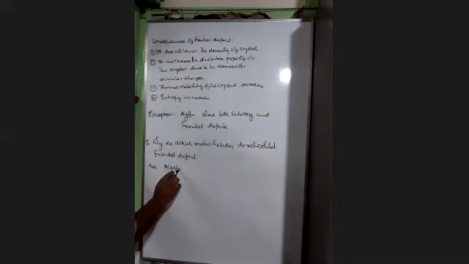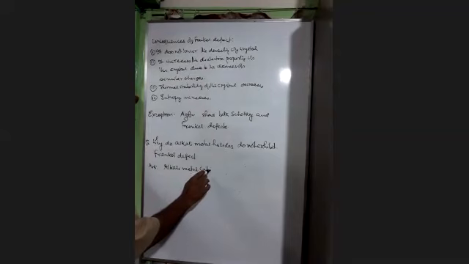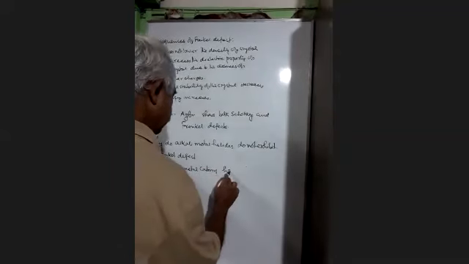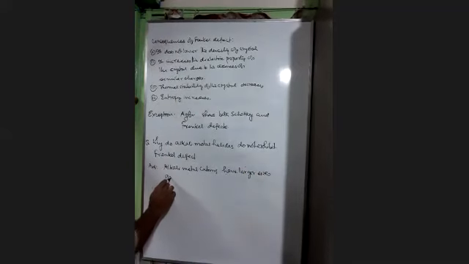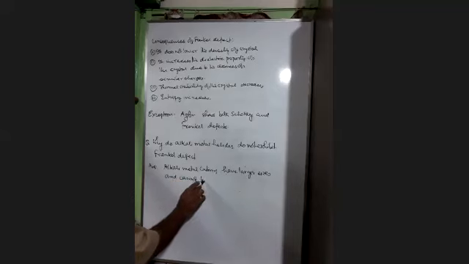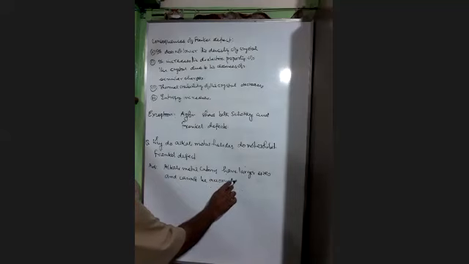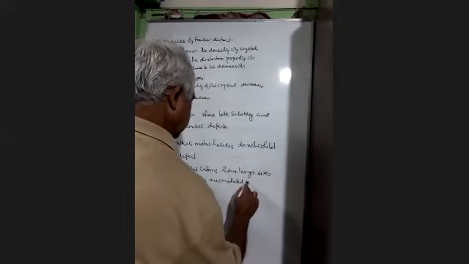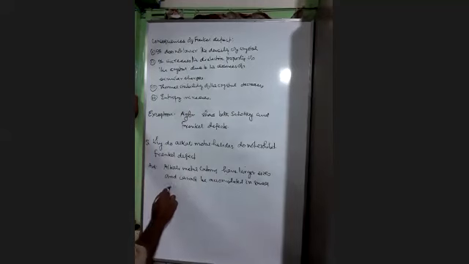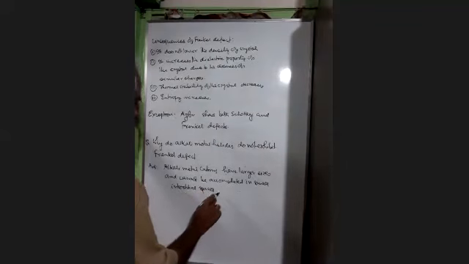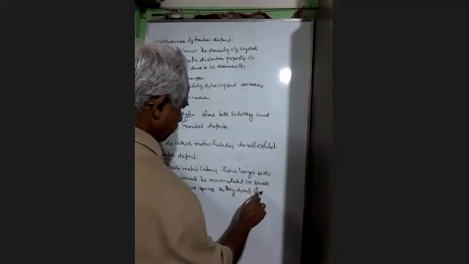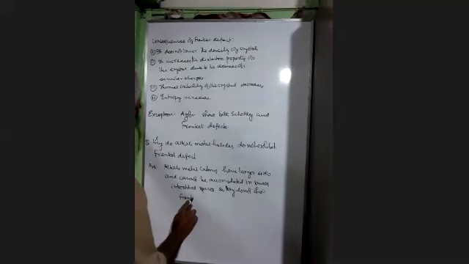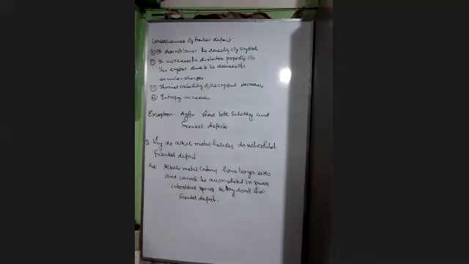Alkali metal cations have larger sizes and cannot be accommodated in small interstitial spaces. So they do not show Frenkel defect.